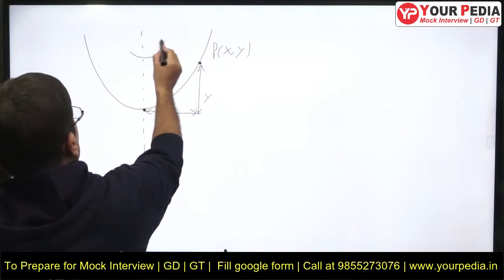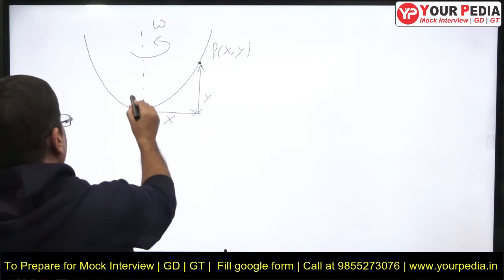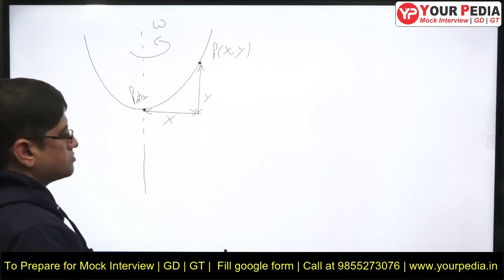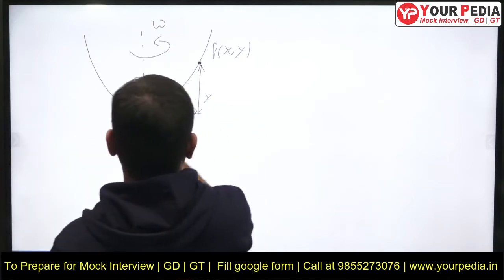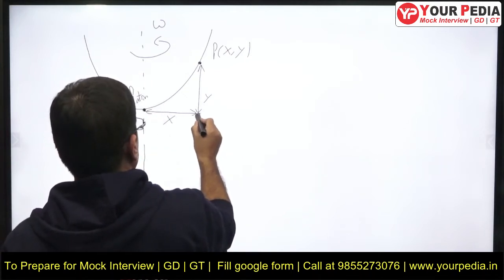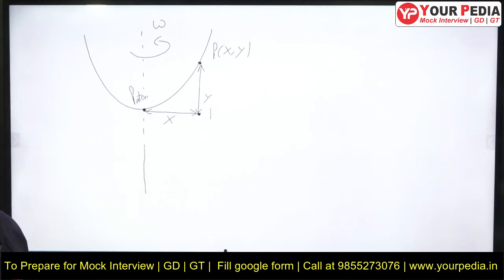And now it is rotating at angular velocity omega. How to find the relation between x and y? Can you tell me what is the pressure at this point? Let's name this point 1.